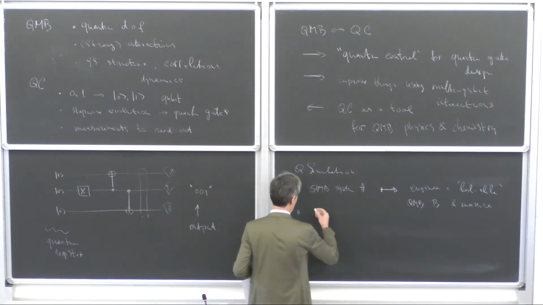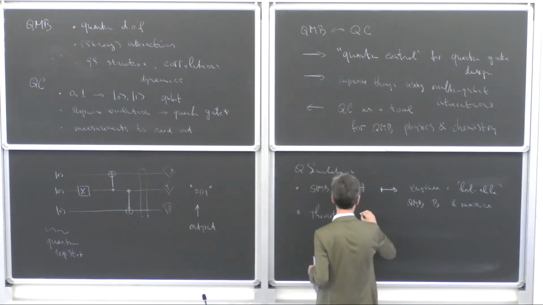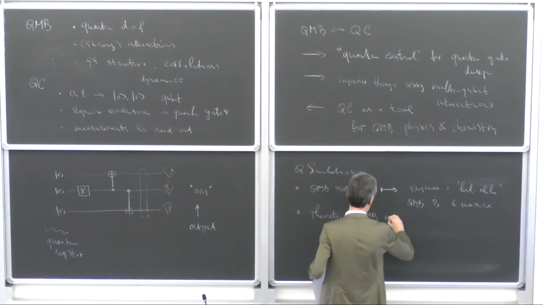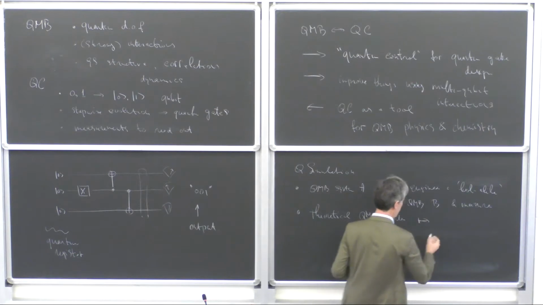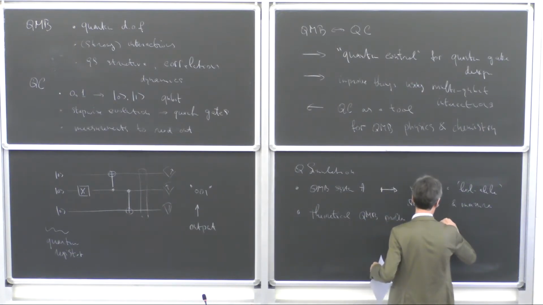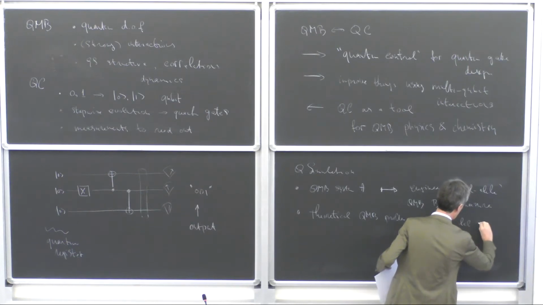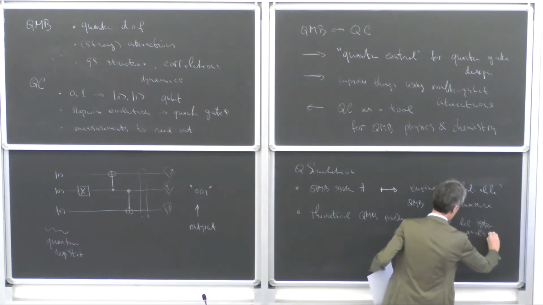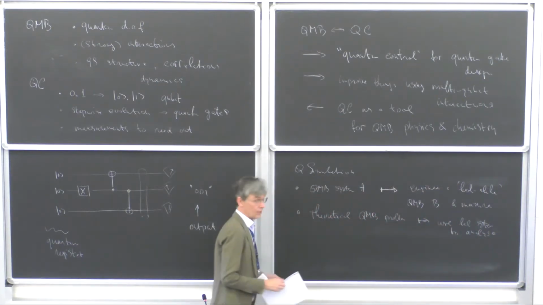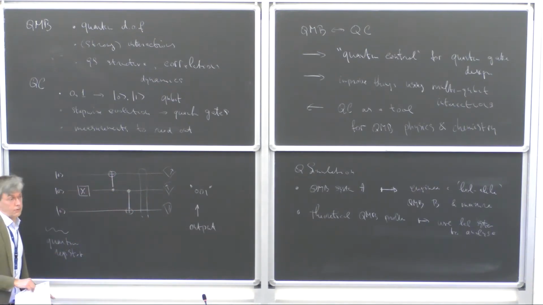So if there is a theoretical problem or system in quantum many-body physics, you can try to address it again by doing a simulation, using an actual laboratory system to analyze it. And again, these will typically be systems with interactions between many parts of the system.